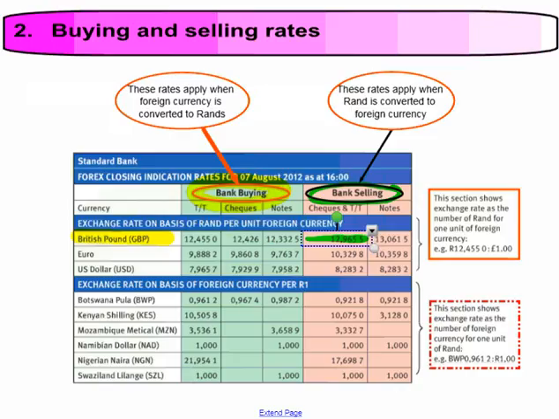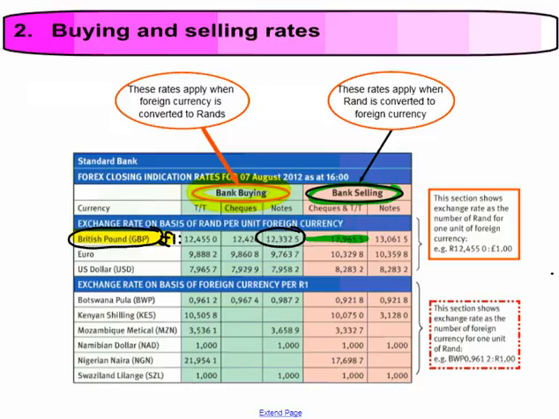Okay? So the bank is selling to you because they are going to sell it for more than they buy it back from you. The other thing to have a look at, sometimes you have to go and logic it out. If I look at this, the British pound in notes is 12,3325. So I know that the rand is weak, so therefore it is going to be 1 pound to 12 Rand 3325.